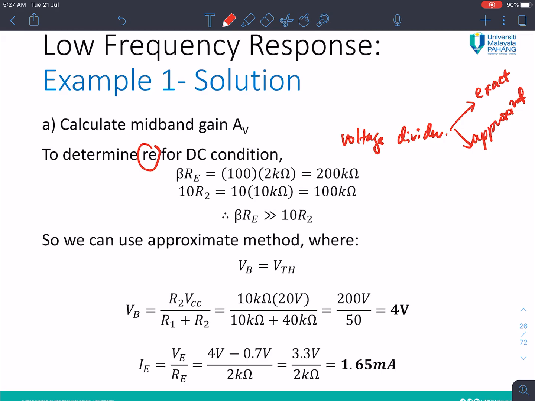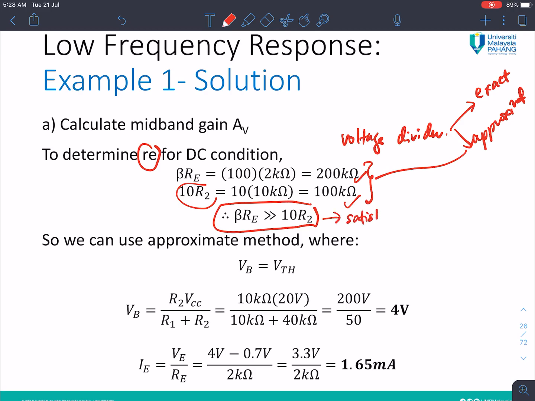If you want to use the approximate method, please check this condition: beta RE must be greater than 10 times R2. When I calculate this, beta RE we get 200 kilo ohms, and 10 times R2 we get 100 kilo ohms. So this condition is satisfied.